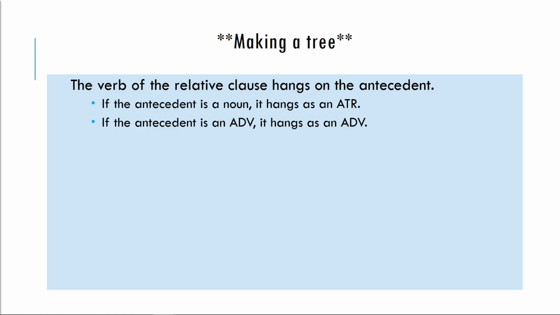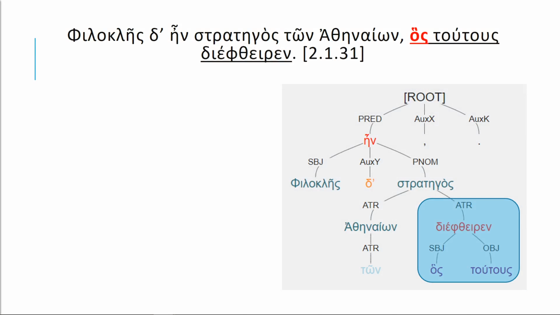So if it's hanging on a noun, it usually hangs as an attribute because it's acting like an adjective. If it's hanging on an adverb, like this battle happened then when it was already light, the when clause is a kind of relative clause that hangs on the then as another adverb. So your typical relative clause will look something like this.